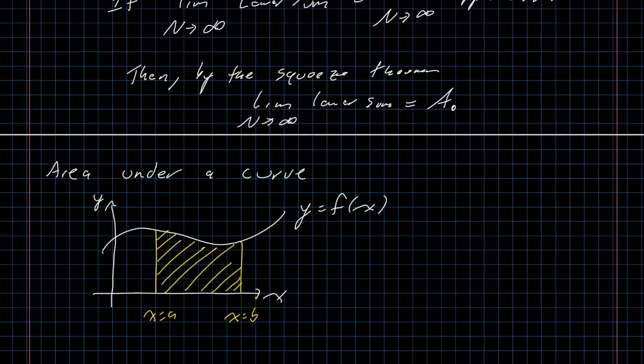The area under the curve y equals f of x from x equals a to x equals b is going to be denoted using this funny S-looking symbol.